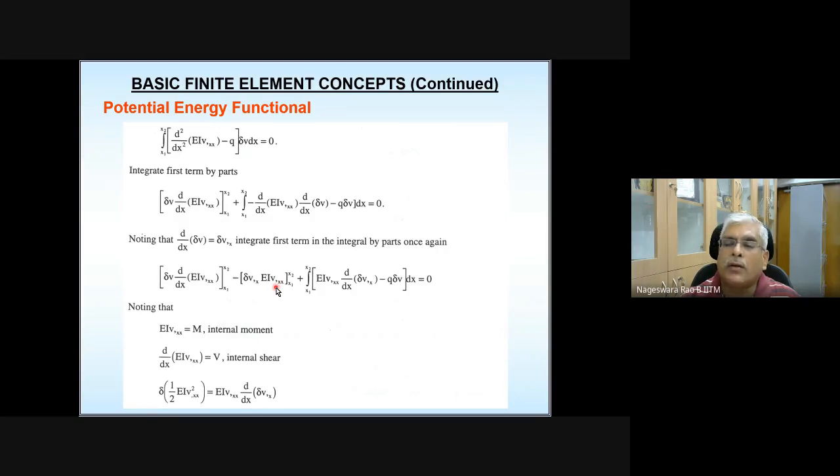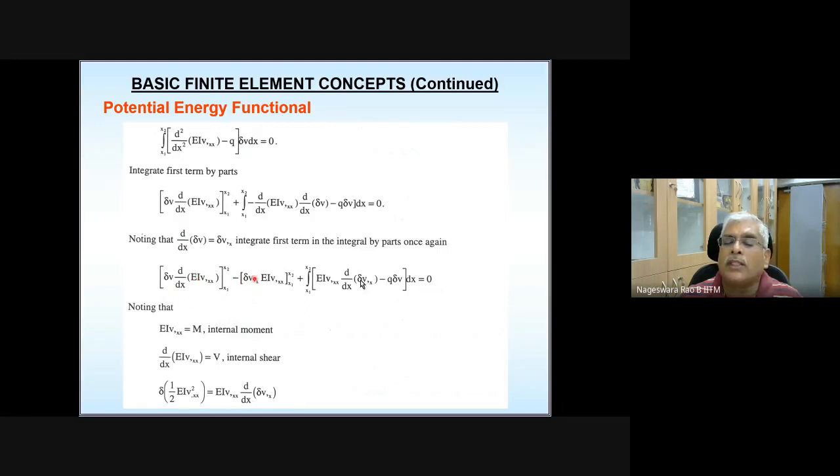If rotation and transverse displacements are specified at that particular location, variation of V and variation of derivative of V are going to be 0. Okay, so that you need to keep in mind. That is what we are going to apply here.